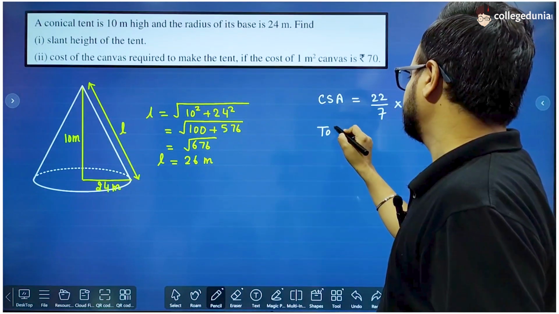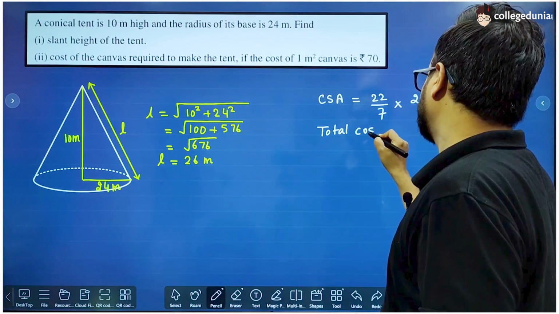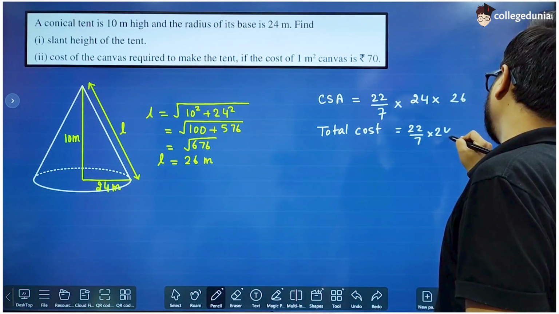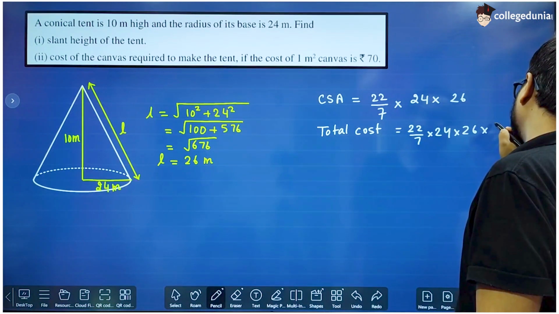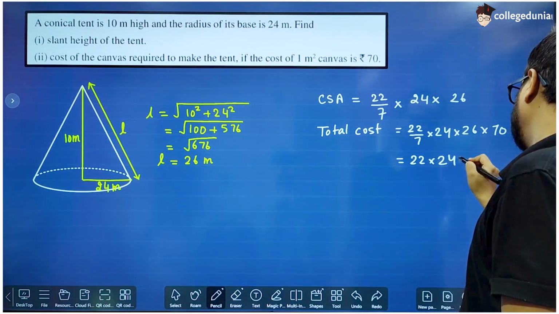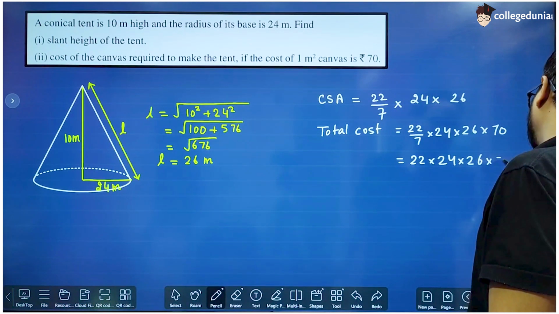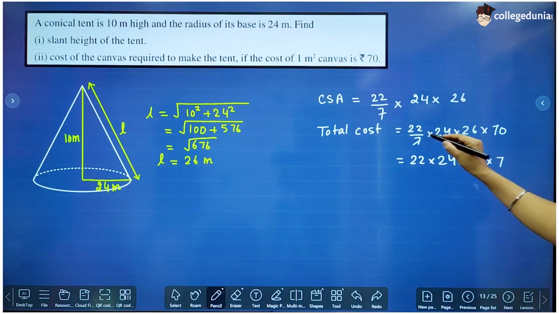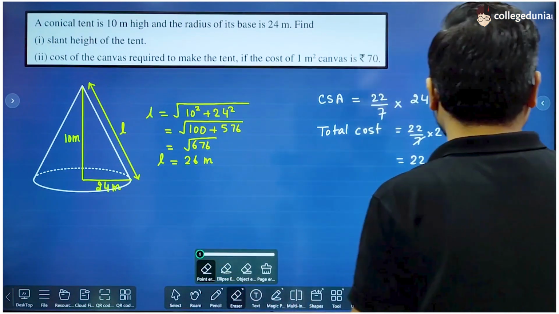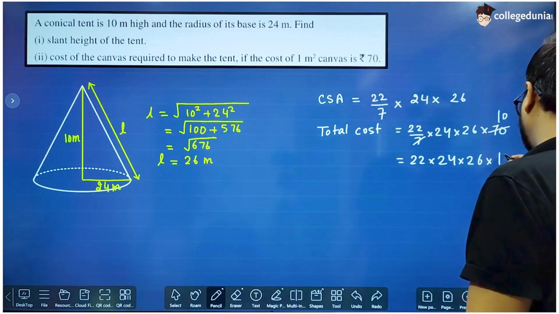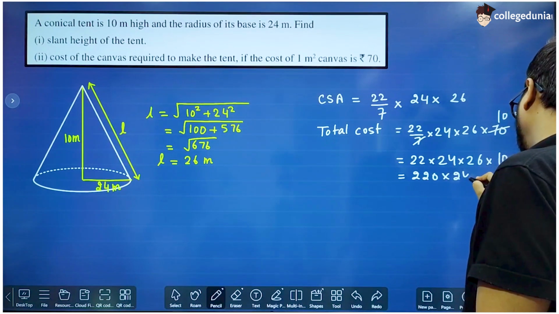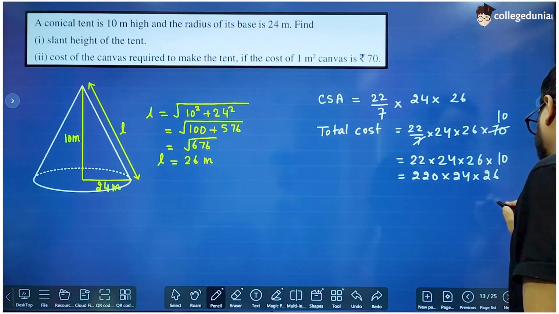So the total cost is 22 by 7 into 24 into 26 into 70, which is 22 into 24 into 26 into 10, because the 7 cancels with the 70, so this is 10. So this is 220 into 24 into 26.